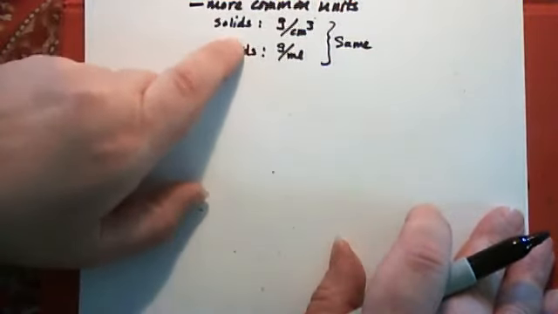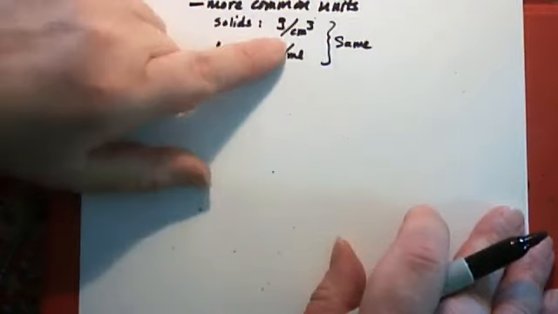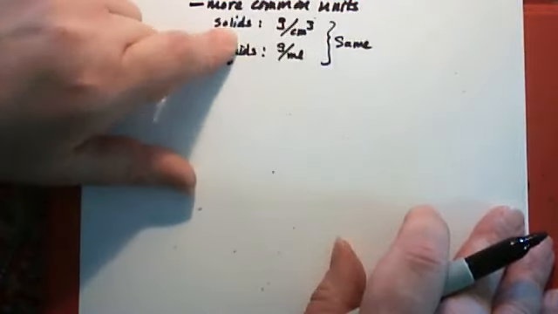In fact, many times, if you have an irregularly shaped object, which you can't measure easily with a ruler, we will often measure the volume of it by displacement of water. So you put some water in a graduated cylinder, and then you drop the solid object in, and you read the new level of the water.